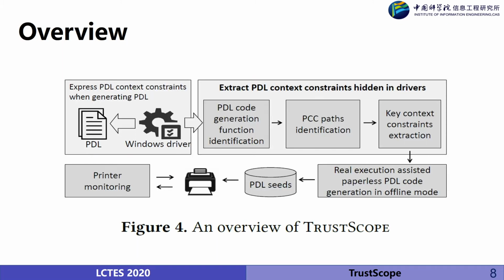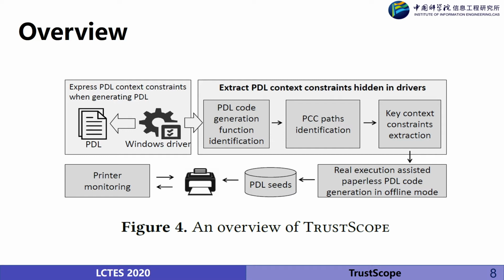There are 5 key components in our framework, corresponding with the main challenges in building it. In the first component, we rely on static binary analysis to find output modules within drivers and all print functions that generate PDL code within a driver. In the second component, we use static analysis and symbolic execution to identify interprocedural feasible paths.